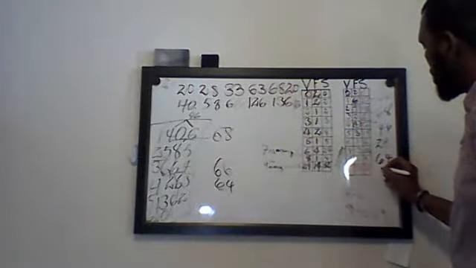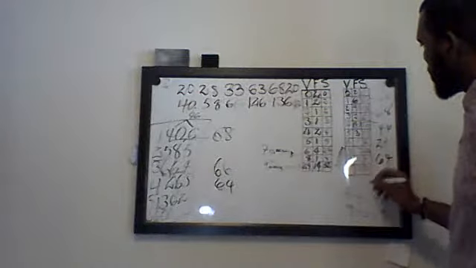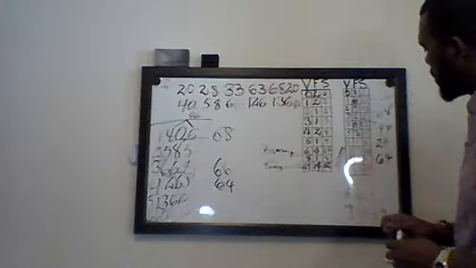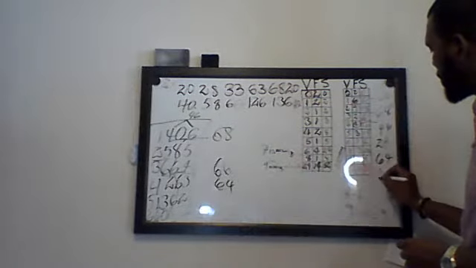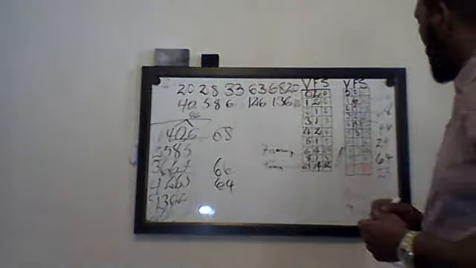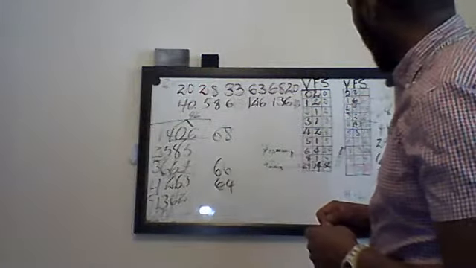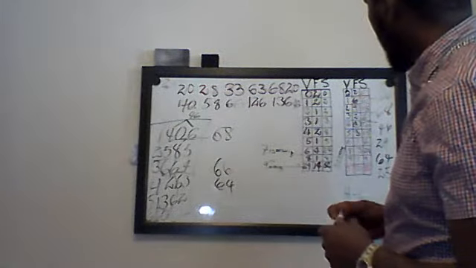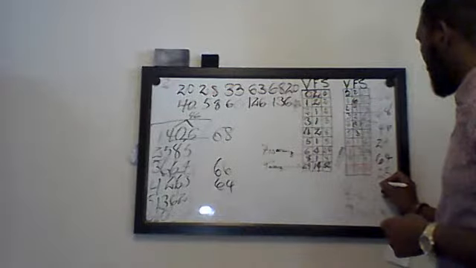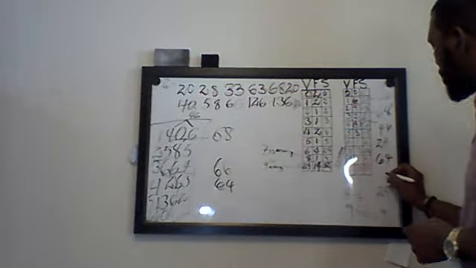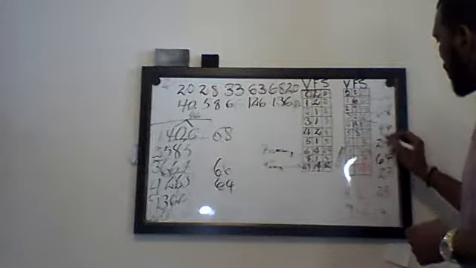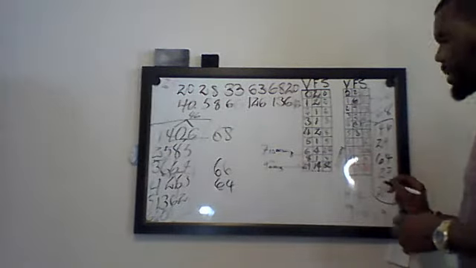I'm gonna take 25. And then I'm gonna say 27. 25 is the Powerball. Okay, 25 is the Powerball. 27 next. Okay, so that's my pick for today.